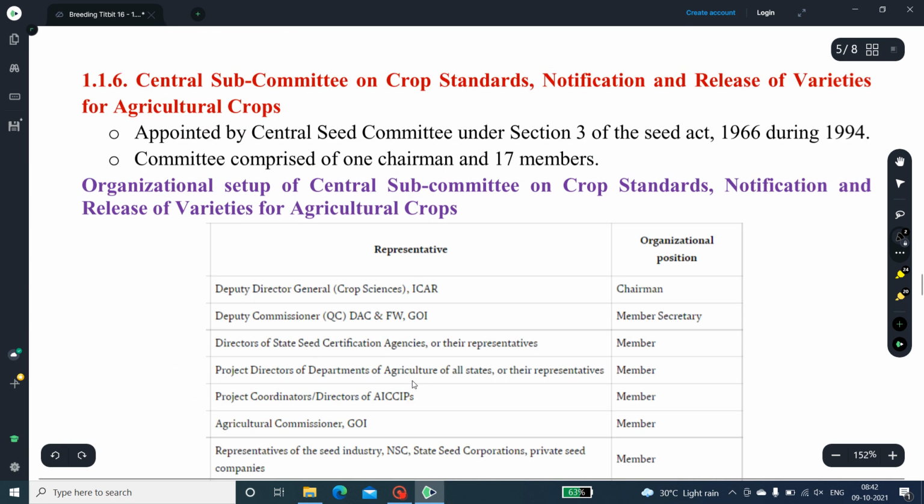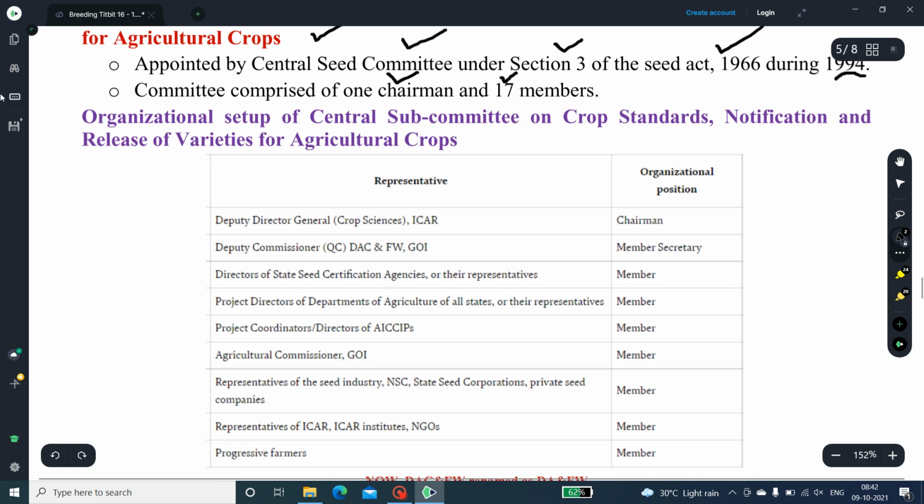The Central Subcommittee on Crop Standards, Notification and Release of Varieties for Agricultural Crops, it is appointed by the Central Seed Committee under Section 3 of Seed Act 1966. It was formed in 1994. The committee comprised of one chairman and 17 members, and this is the organizational setup.